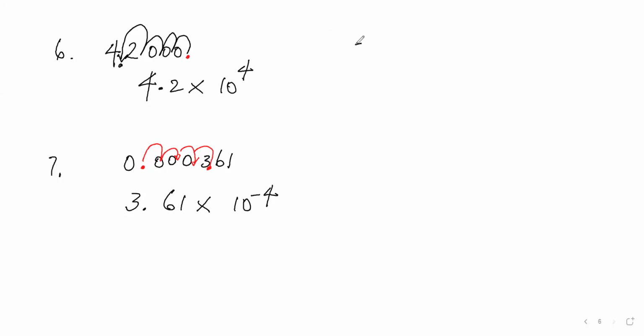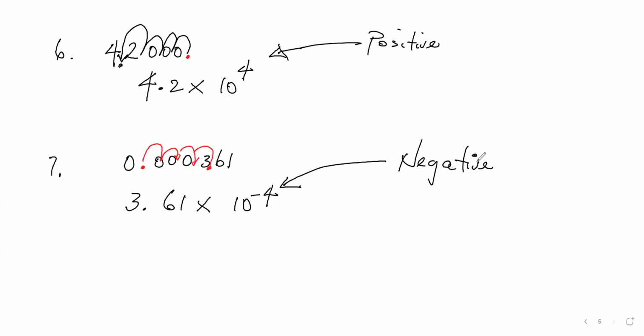So one has a positive index, and one, the index is negative. I did the two of them together so you all could have an appreciation for the numbers. One is a decimal, one is a whole number. The whole numbers have positive index. Is that okay?